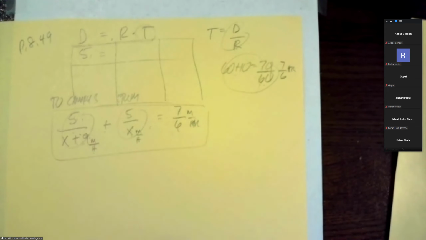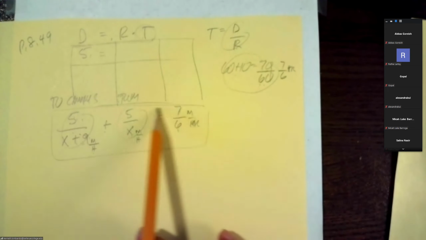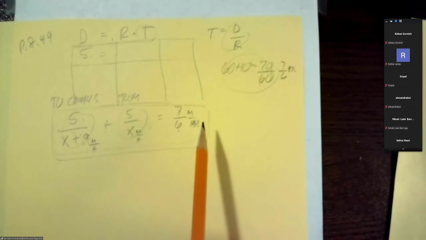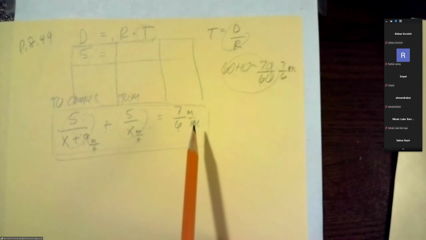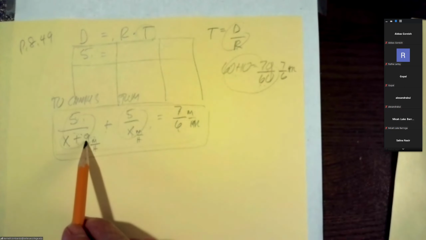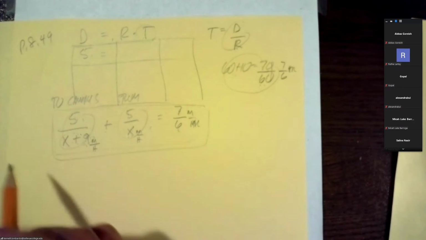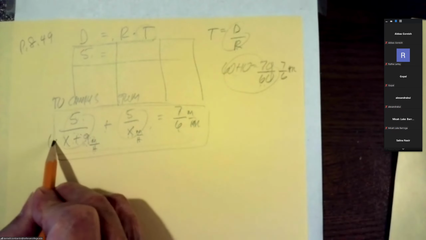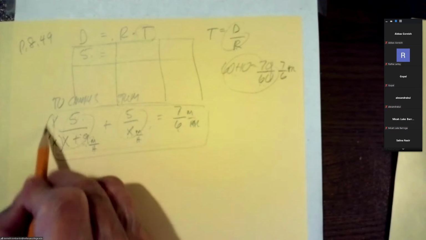Now forget the word problem and just say, are we able to solve this equation? And if so, what will we do to solve it? We need a common denominator, don't we? So this is an x plus 9, that's an x. So this needs an x and an x.